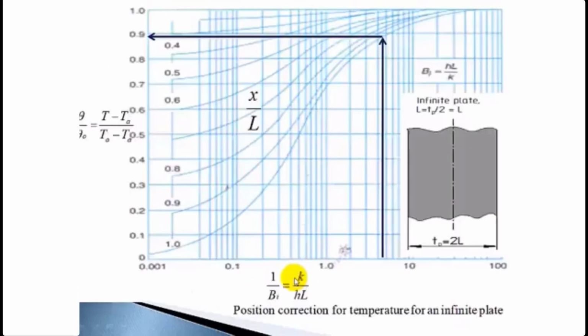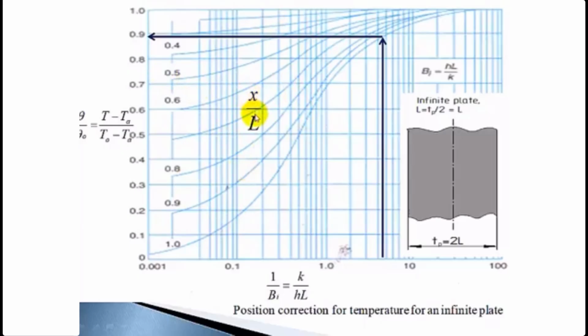So it gives 1. Now we can go for another Heisler's chart, which gives a position correction for temperature for an infinite plate. So we know the mid plane temperature, but we need to find the temperature at some other point, here at the surface. You have on the x-axis 1 by Biot number, and also this is x by L: 1, 0.9, different values are there.